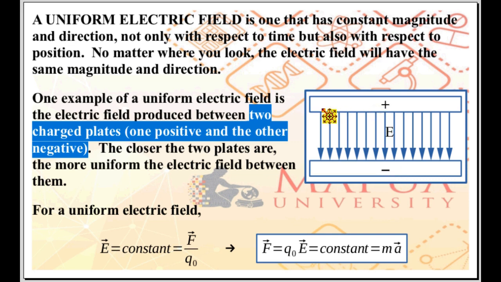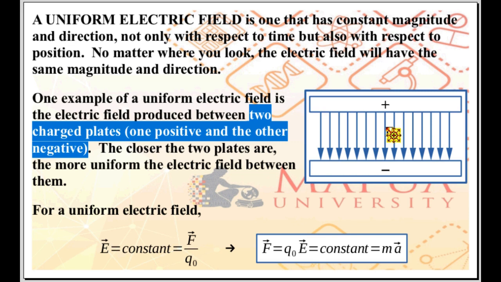The electric field will head away from the positive plate and head towards the negative plate. And the closer the two plates are, the more uniform the electric field between them. Wherever you look in between the two plates, the electric field will have only one direction and one magnitude.